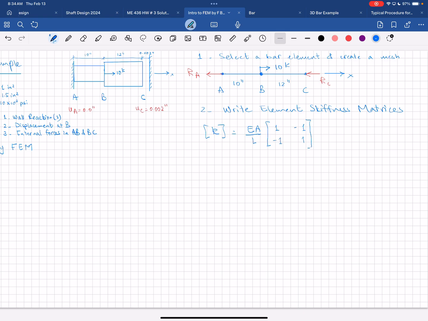So we have a 2 by 2 matrix. I'm going to label my elements. So if I label this as element 1, AB, and label BC as element 2, element 1 is going to extend between the nodes A and B. I'm going to number them. So I'm going to call this node 1, this is node 2, and this is node 3.